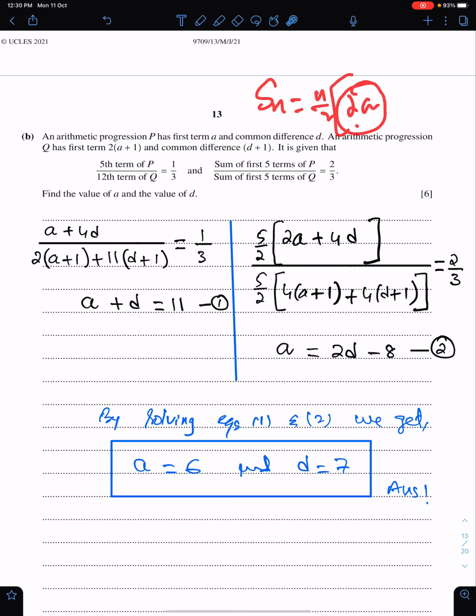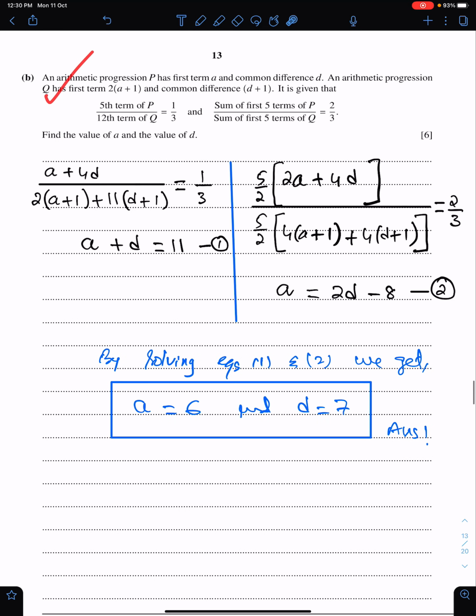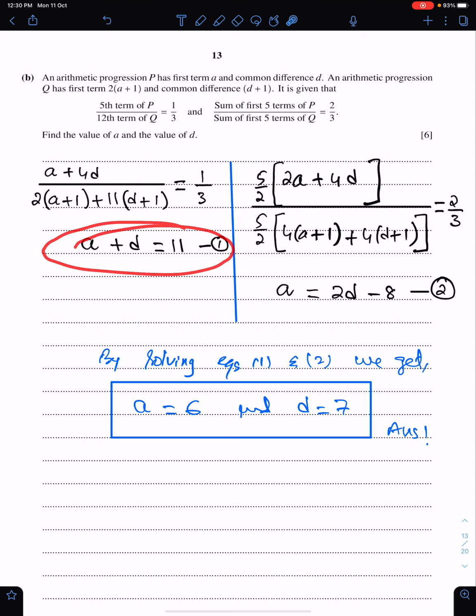So 2A means 4A plus 1. This 2 when multiplied by this thing will give 4 times A plus 1. And since we are working for the first 5 terms, so this should be 4 and this is D of this AP Q. After cross multiplication and simplification, we have got this equation. By solving these two equations simultaneously, we have got the values of A and D.